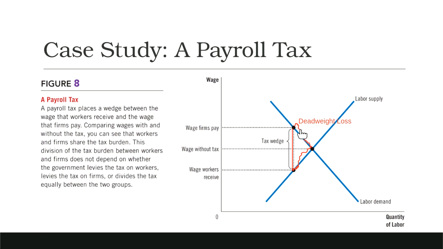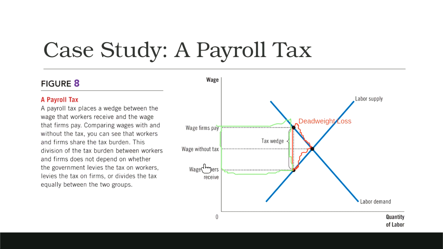However, with this tax wedge, what we can do is calculate how much tax is actually paid. And so to understand how much tax is paid, let me highlight here in green. This rectangle that I'm outlining now, this is our total tax revenue.